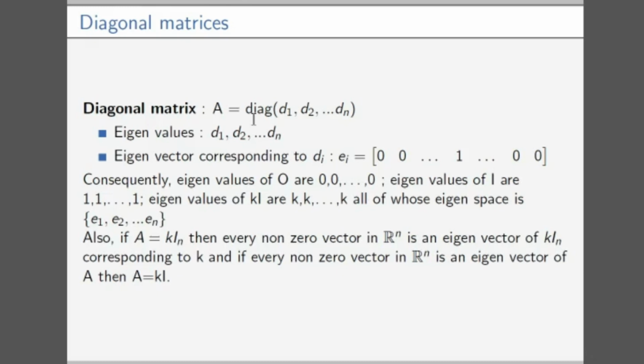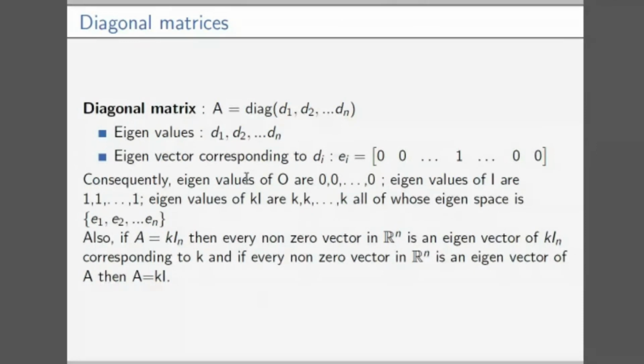And the eigenvector corresponding to di will be ei, which I have given as a row vector. It was a mistake. It is actually a column vector. That is the column vector in which only the ith element is 1 and the rest of the elements are all 0. So that is ei.